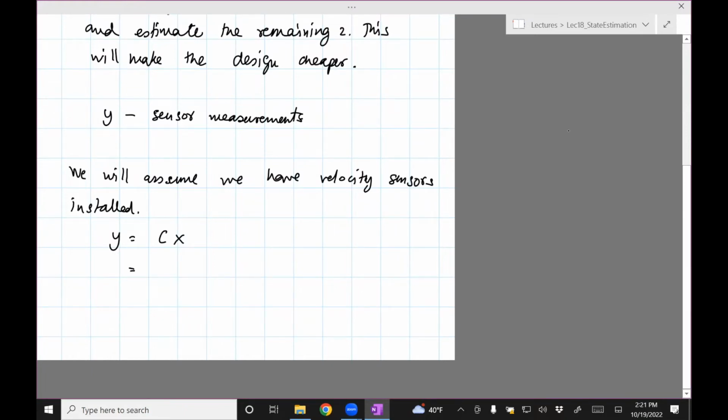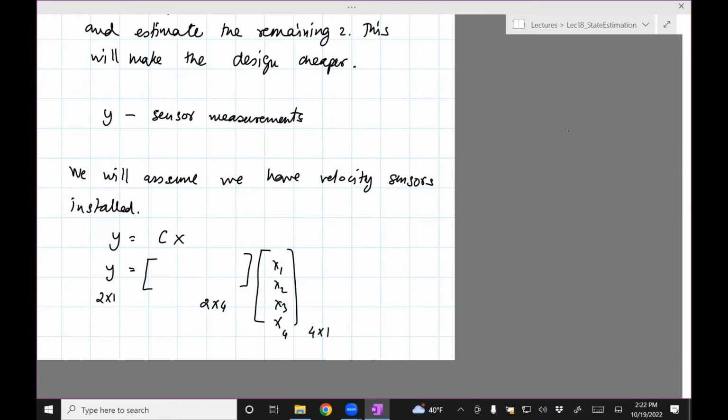So we need to figure out what C is such that we can get the 2 measurements. So we know that x is x1, x2, x3, and x4. This is fixed as 4 cross 1. So we need to put a matrix which is 2 cross 4, right?